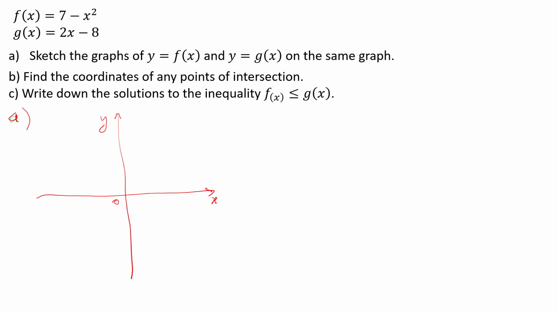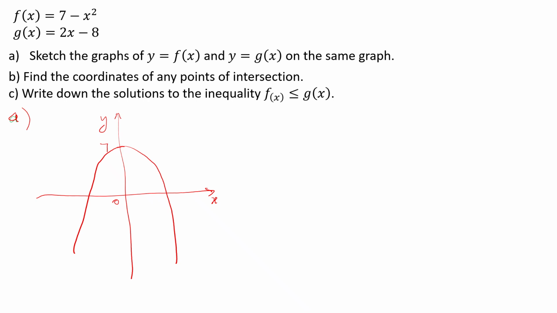When x equals 0, y equals 7. So it is negative x squared, so the graph should be like this way. Second graph, g(x), is a straight line.